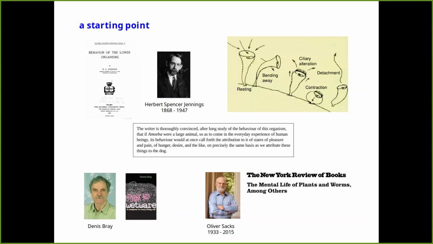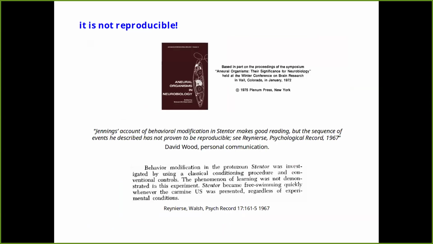Loeb is often seen as the forerunner of behaviorist psychology and is remembered for that. And Jennings's ideas have been largely forgotten. Anyway, I was immensely struck by this, and I started digging around and trying to read Jennings's papers. And then I discovered, to my horror, that actually Jennings's results were considered not to be reproducible.